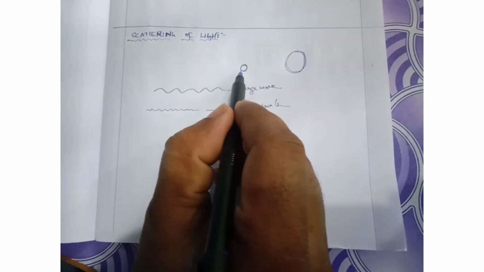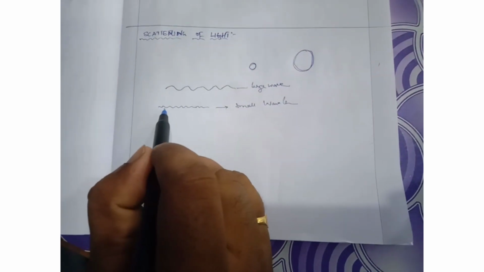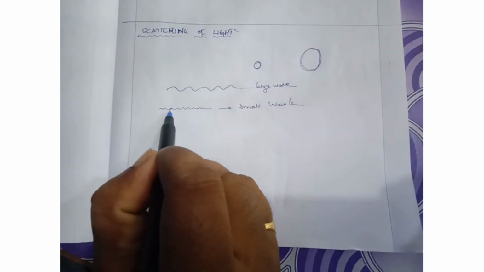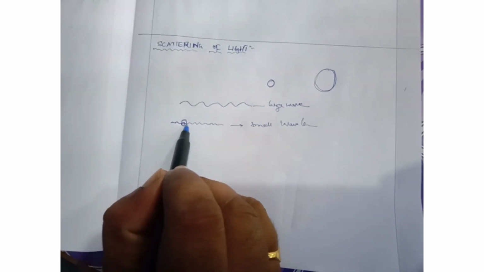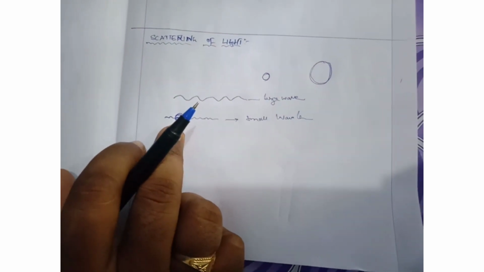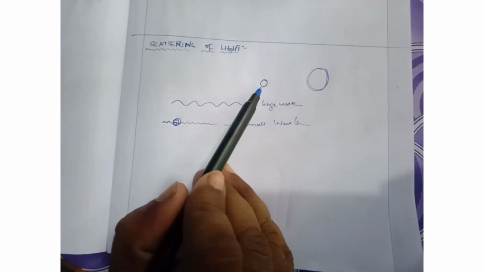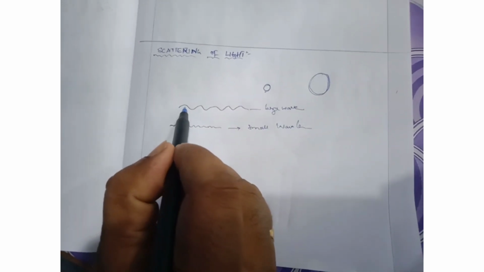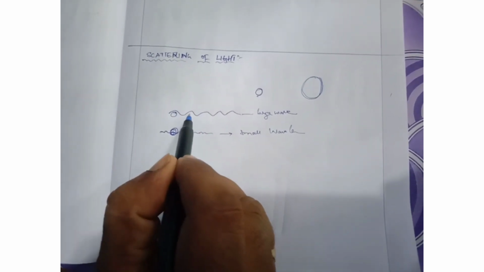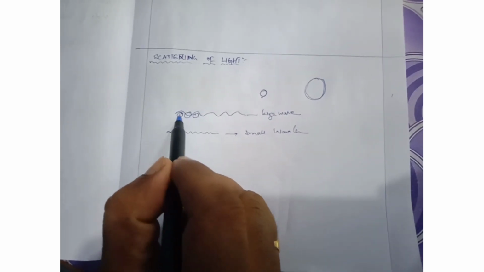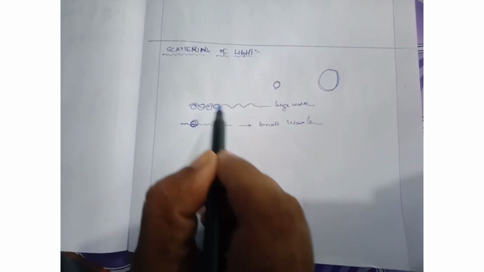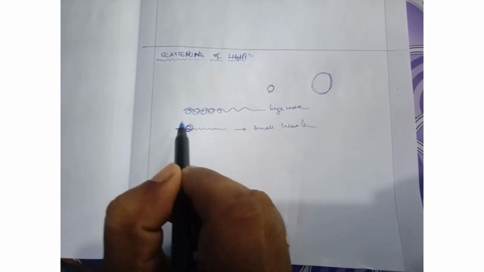If light with a small wavelength enters a small particle, the wavelength can be crossed by the small particle. That means the light waves enter the small particle and are crossed by it. If it is a large wavelength, the light waves are sometimes not crossed and sometimes crossed. So that means it is a jumping of light waves.